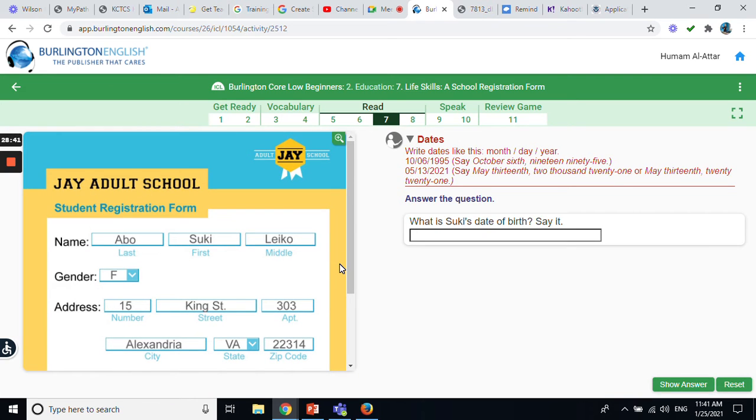Now, here, we need to write the dates. When we write the dates, we write it this way: month, day, year.